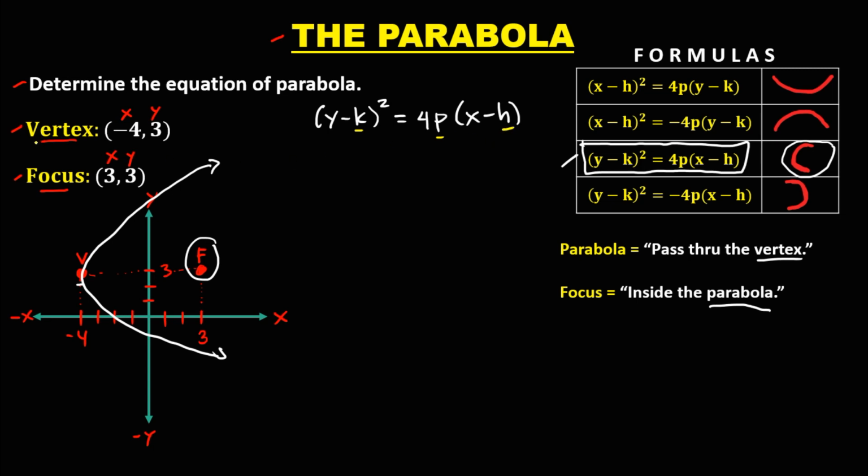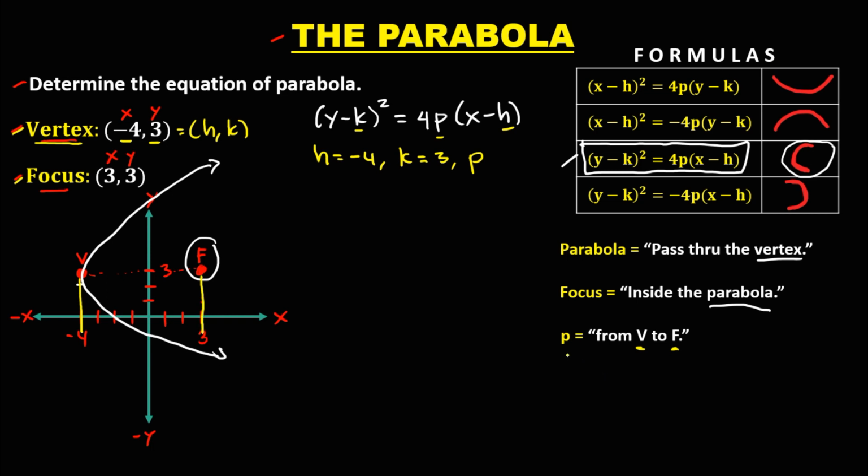Since the vertex of the parabola is (h, k), therefore h equals negative 4, then k equals positive 3. Then to find p with given vertex and focus, because p is the distance from vertex to focus, so this is the vertex and the focus.